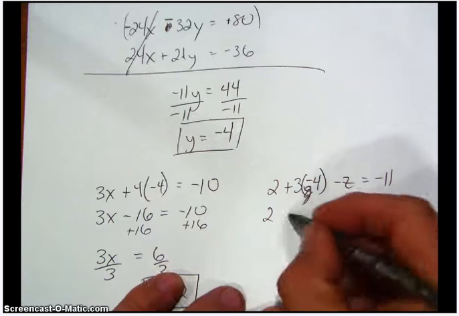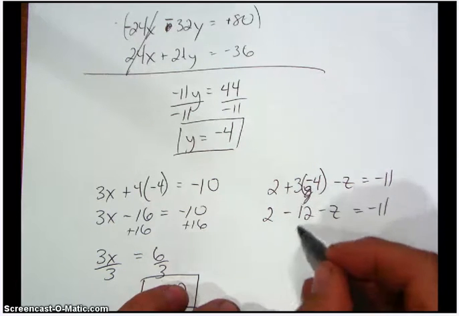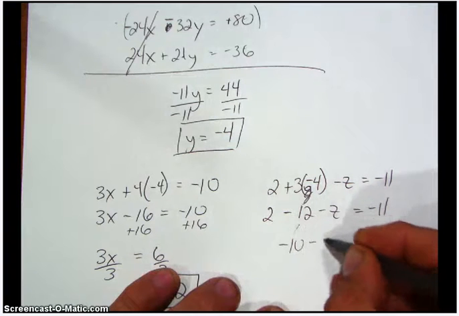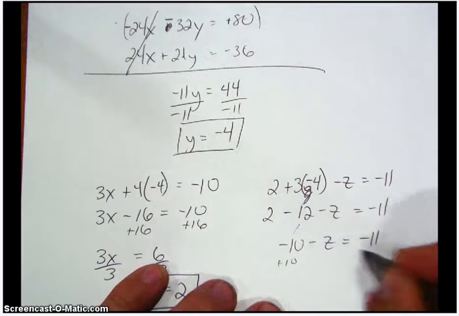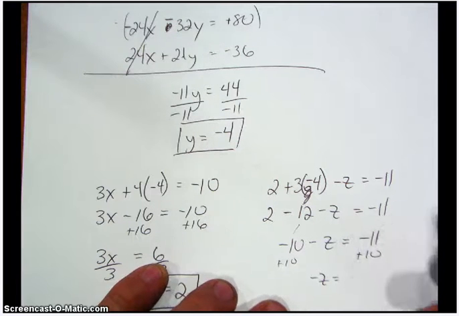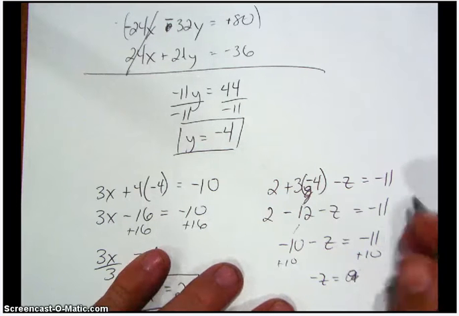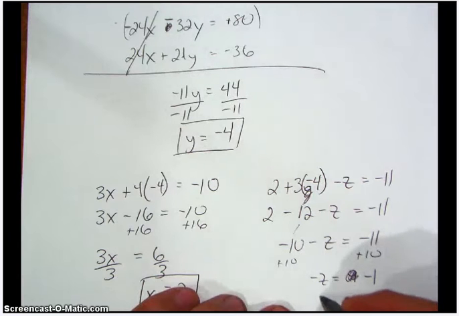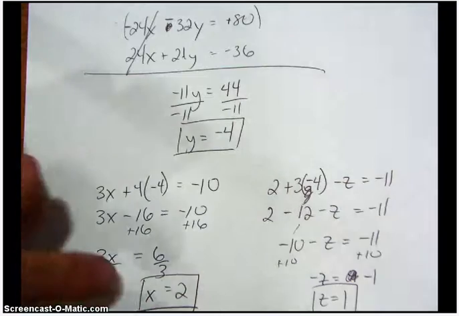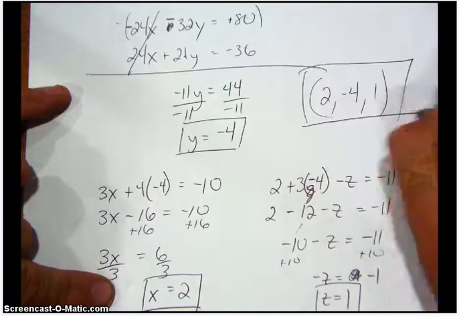So this is 2 minus 12 minus z equals negative 11, which gives me negative 10 minus z equals negative 11. Add 10, and I get negative z is equal to negative 1. I had a brain fart there, folks. Then multiply both sides by negative 1, and you get z equals positive 1. And there you go. So x, y, z, there is your solution.